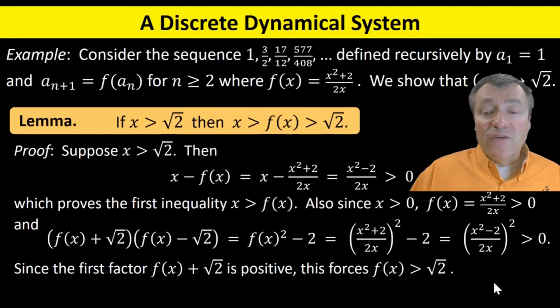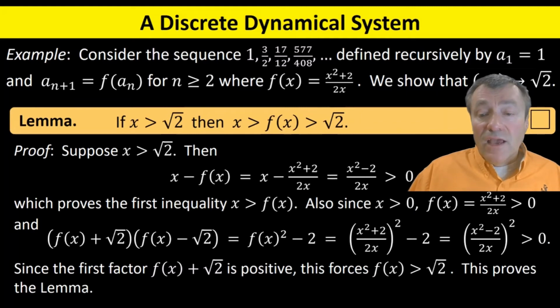The first of those factors, f of x plus square root of 2, is positive. And by comparing with the right-hand side, that means that the second factor on the far left is also positive, which means that f of x is bigger than square root of 2. And that's all that was left to prove in our lemma.